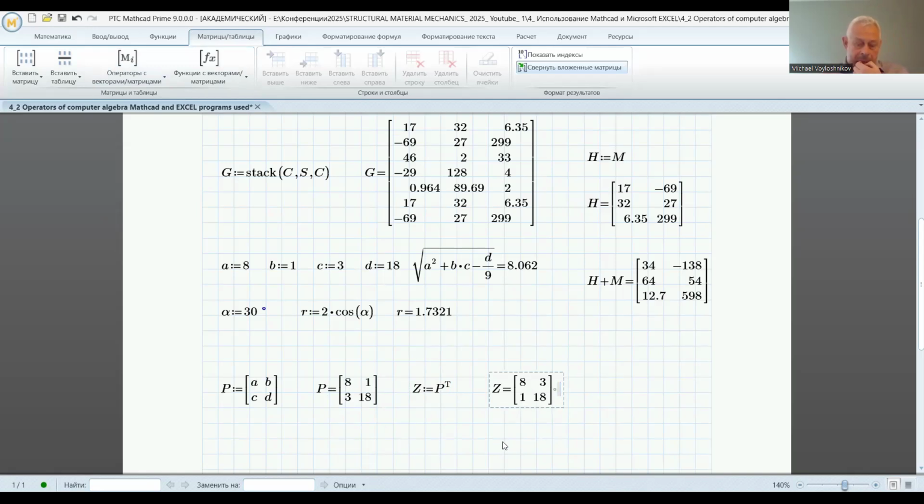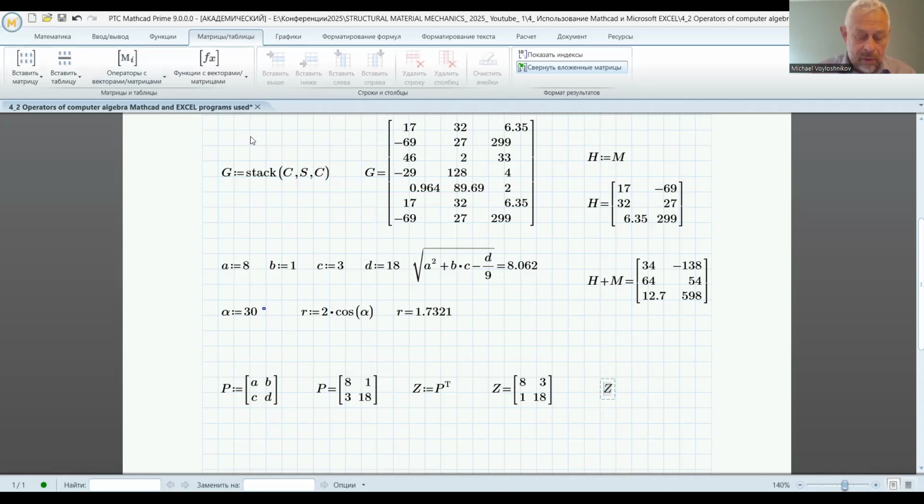And can we find the total? Yes, we can, like here, the total of the matrices P. And can we find the inverse matrix to matrix Z? It's a very important procedure for solving linear algebraic equations of many dimensions. For 2 dimensions, that's not a big deal, but for many-dimensional issues it matters. So what is Z?